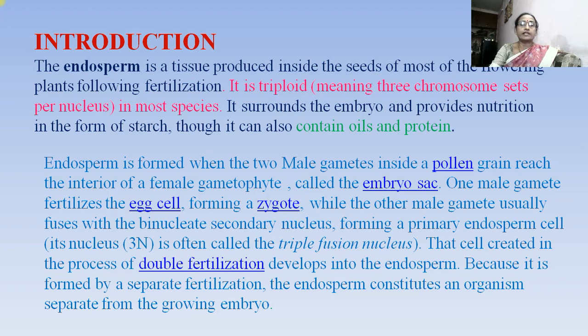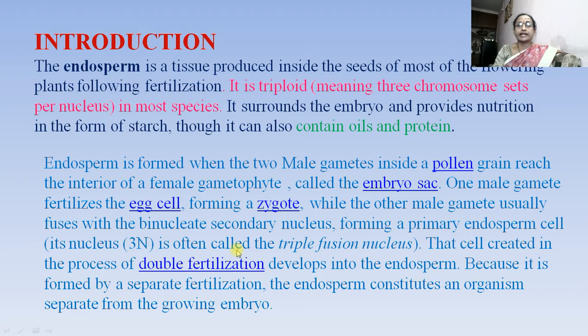The endosperm is formed when two male gametes inside the pollen grain reach the interior of the female gametophyte called the embryo sac. One male gamete fertilizes the egg cell forming the zygote, while the other male gamete usually fuses with the binucleate secondary nucleus forming the primary endosperm cell, whose nucleus is 3N and is often called the triple fusion nucleus.